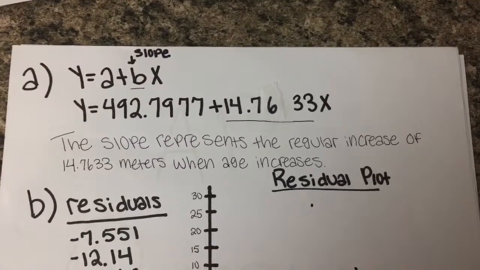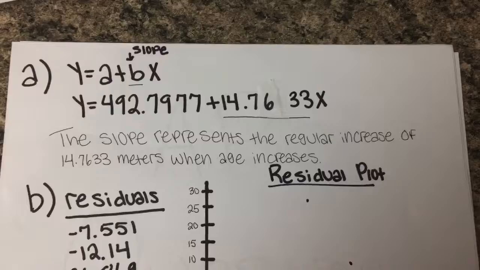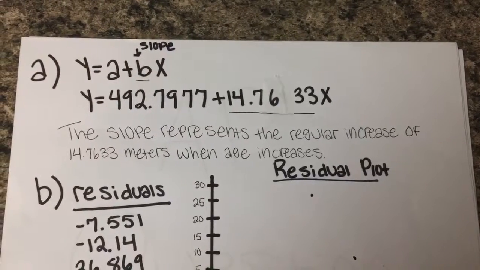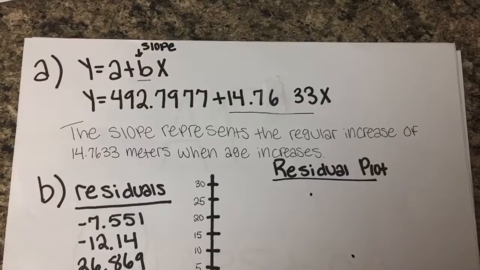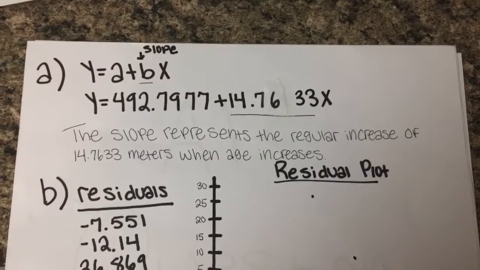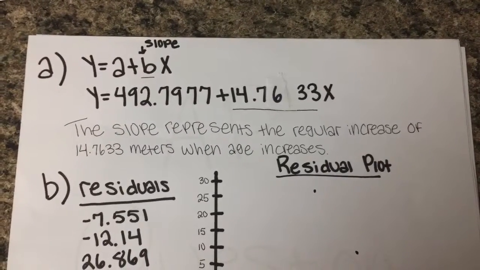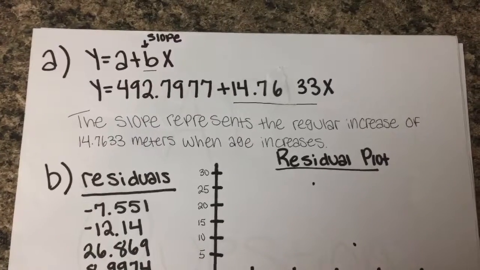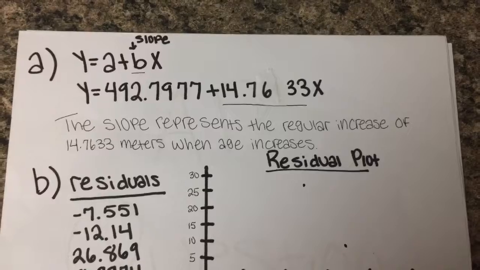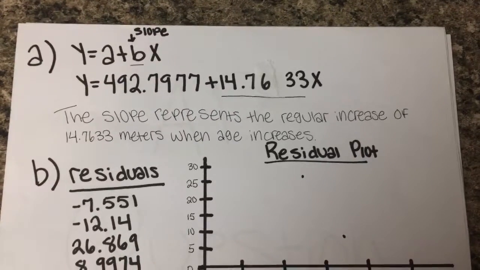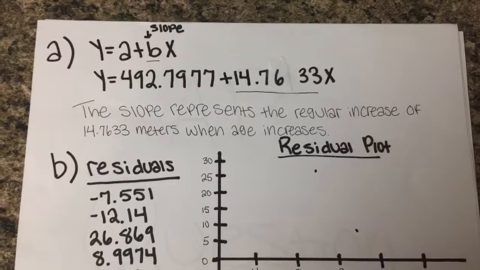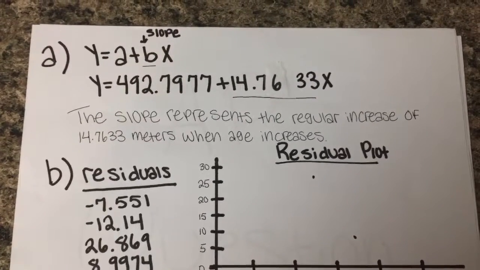To find this formula on your calculator, you need to put the representative age into the x-axis, which would be L1, and then you need to put the walk distances into y, or L2, and then go to stat, and then calc, and then press 8, and that will give you this formula.